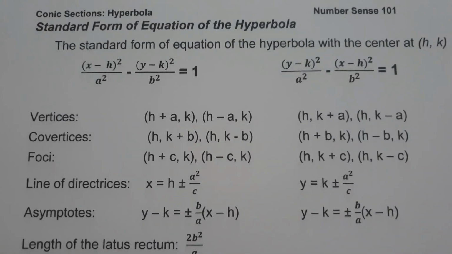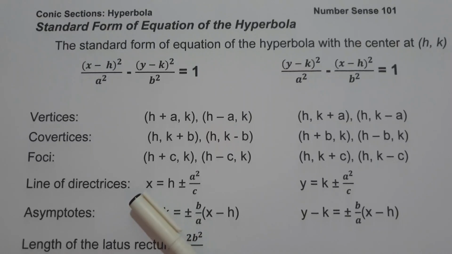And if our hyperbola is vertically oriented, the coordinates of our vertices are h, k plus a and h, k minus a, while our co-vertices are h plus b, k and h minus b, k. And the coordinates of our foci are h, k plus c and h, k minus c.